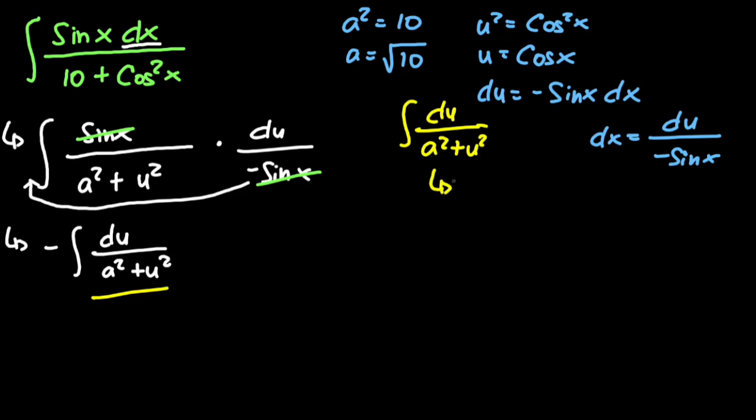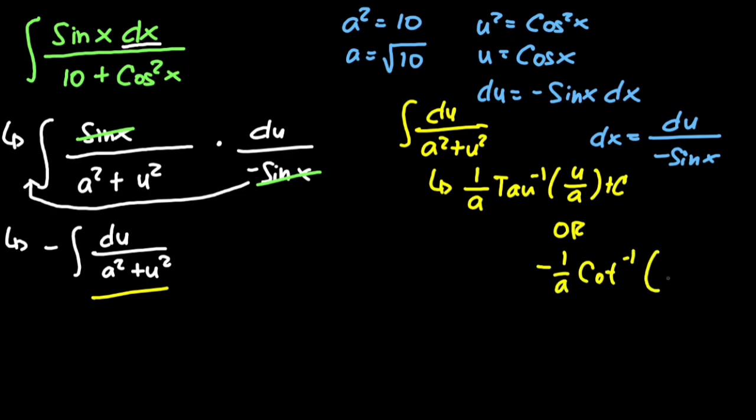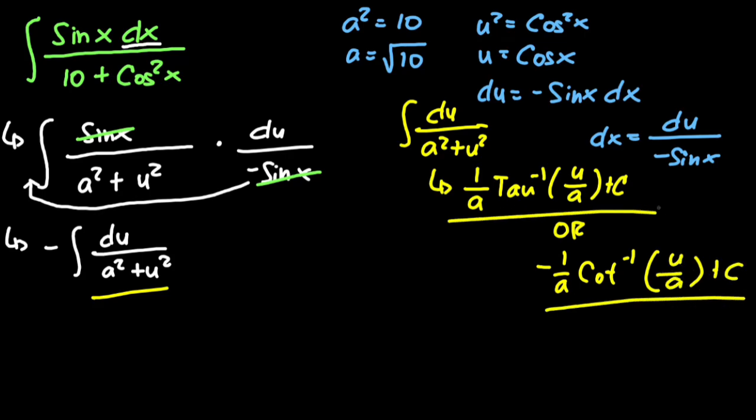Now this would be equal to 1 over a multiplied by arctangent of u over a plus c, or negative 1 over a multiplied by arccotangent of u over a plus c. You can use either of these.